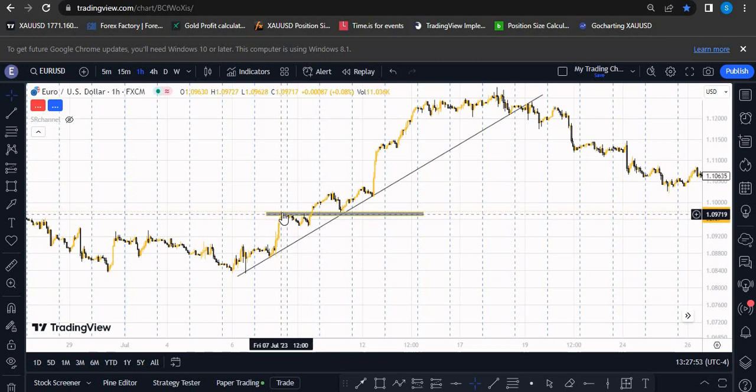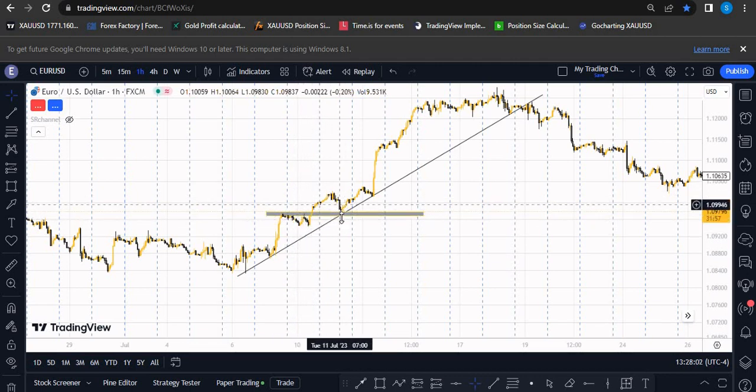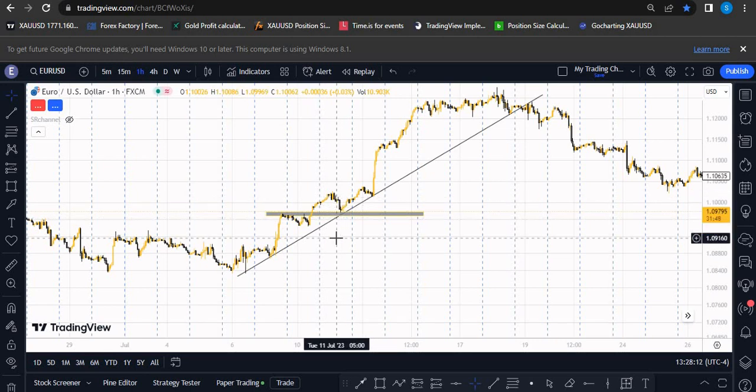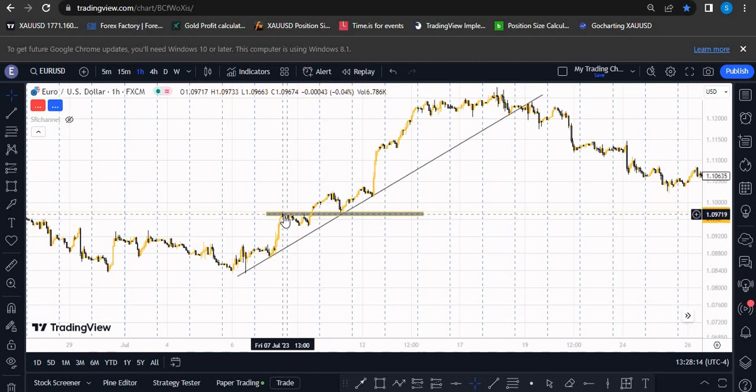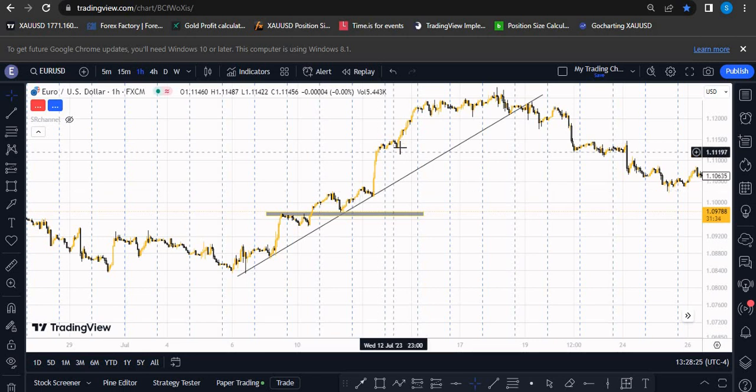The market broke this high, which means that the market has turned this resistance area into support. So the market eventually breaks this high, and then it pulls back to that same area. This high has turned to a low, and then it shoots back to that area, and then it starts going to the top side.